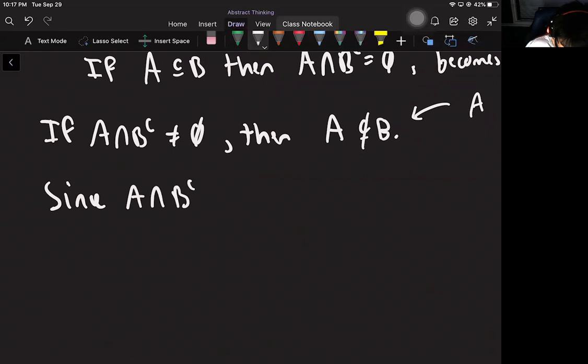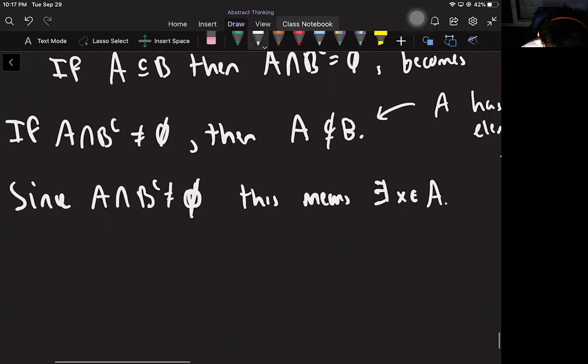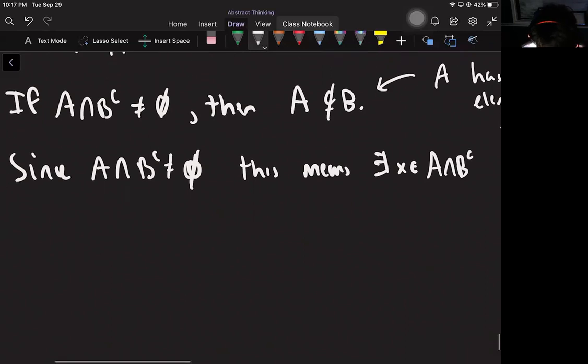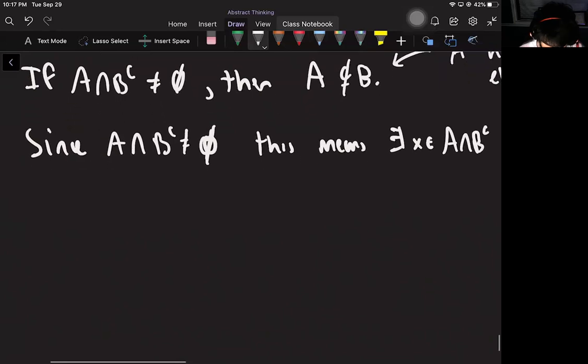What does it really mean for something to not be the empty set? Well, if it's not the empty set, that means it's got something in it. It has an element. So this means that there exists an element in the set. Because if it was the empty set, it would have nothing in it. But since it's not the empty set, it must have an element.